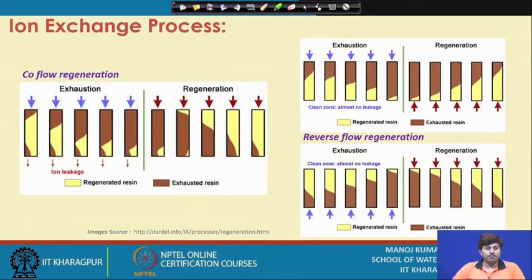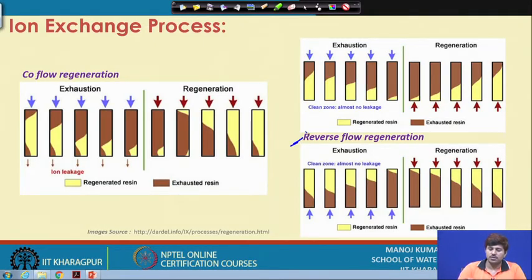This process of regeneration and the normal service run or normal flow can be in the same direction or in the reverse direction. It is always preferred to have the process in the reverse direction, which is called a counter current system or reverse flow regeneration.